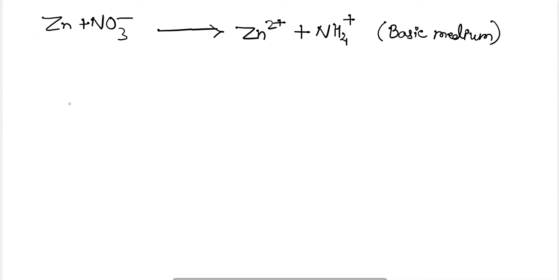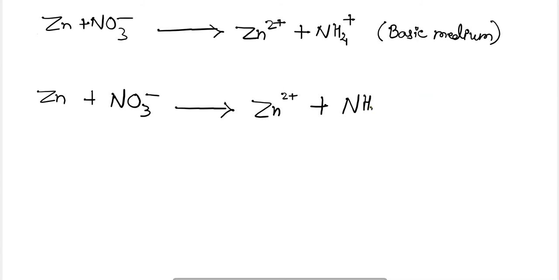So here the first thing is to find out the oxidation number. Zinc is 0, as it is a monoatomic atom. Oxygen is -2, -2 into 3 is -6, and -1, so 6 minus 1, 5.